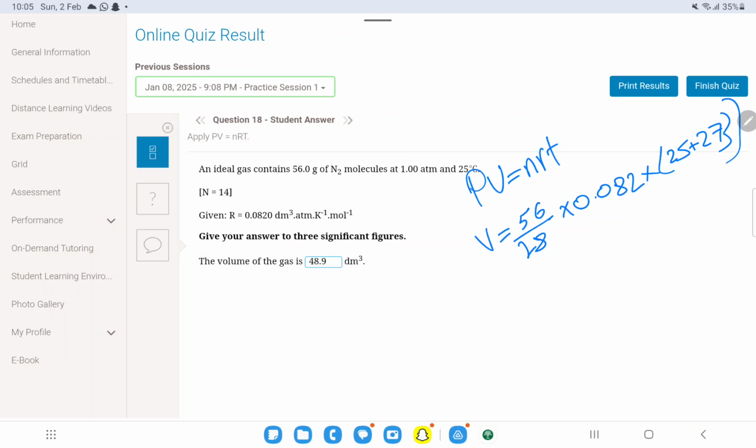You put that in your calculator. It's 56 over 28 times 0.082 times 25 plus 273. You get V is equal to 48.87. They want three significant figures. We round it up, 48.9.